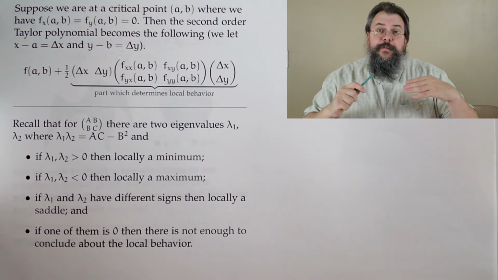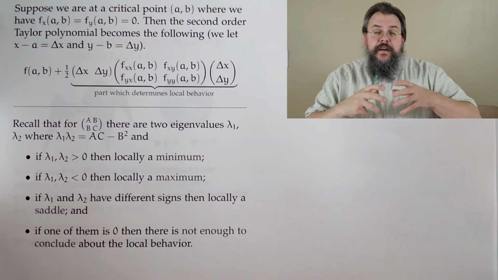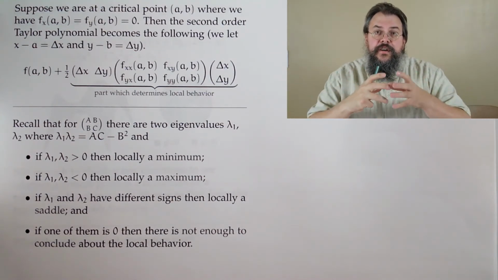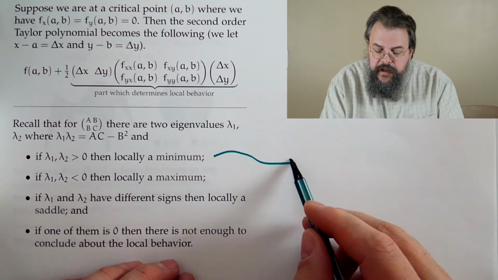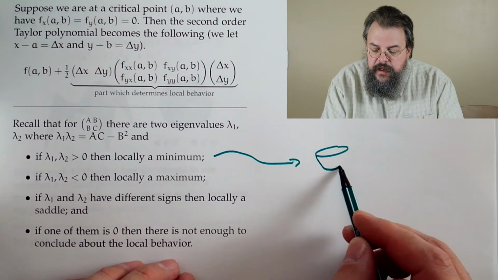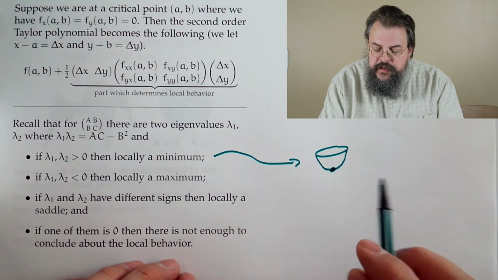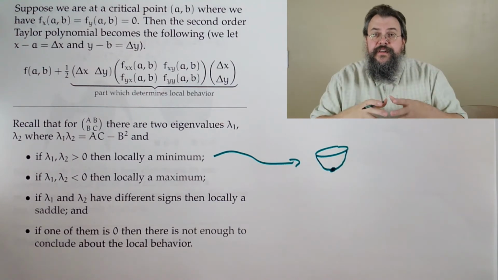Now, if they're both positive, what that's saying is that in any direction, you're going to be going up. But really, the picture is, with both positive, our local behavior is going to be like a bowl. So there's our function, and then locally we're going to drift up.